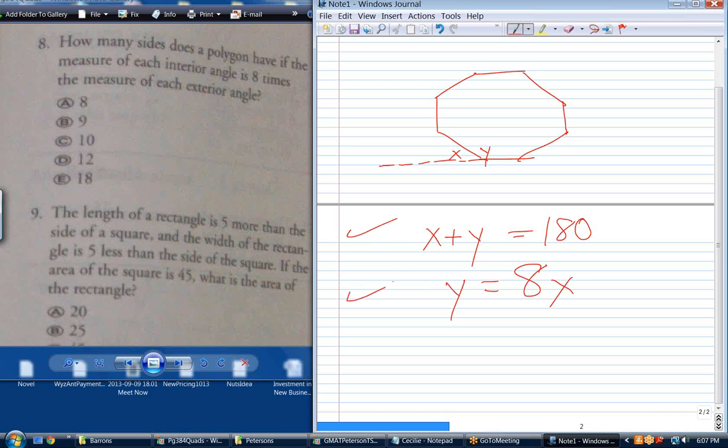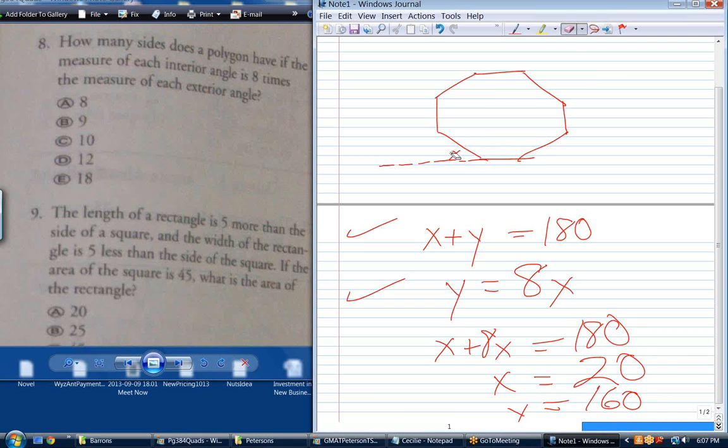You already have one that says y is equal to 8x, so you put that into the other one. Now we have x plus 8x equals 180. So x is equal to what? 20. And y is equal to 160.